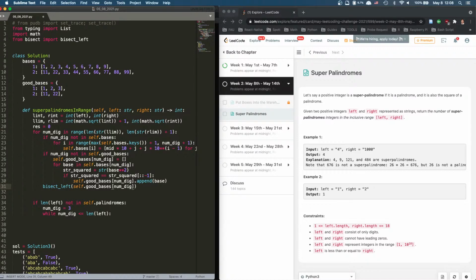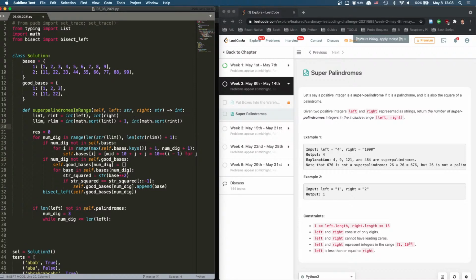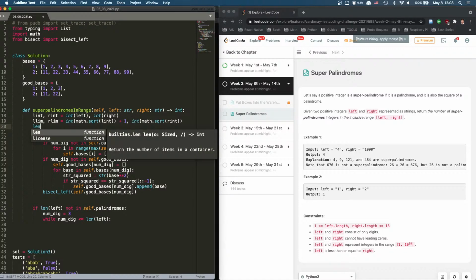It depends on the num digit, if it's inside, then it would behave differently if it's outside. So we also need len L, actually len R.